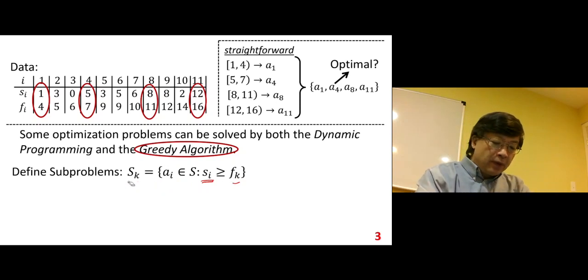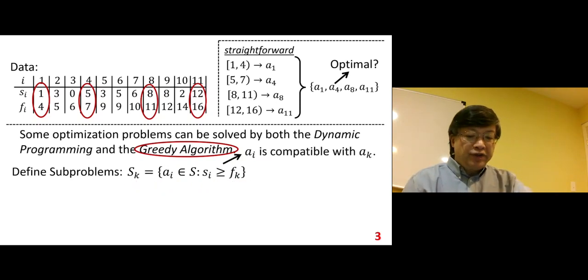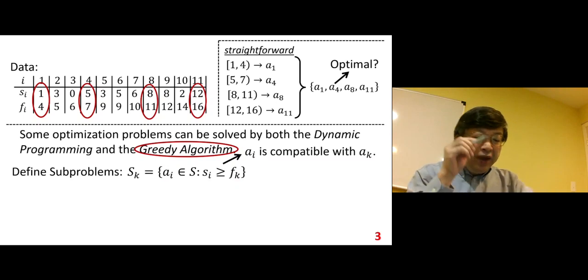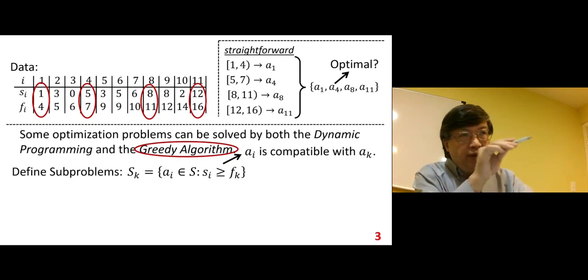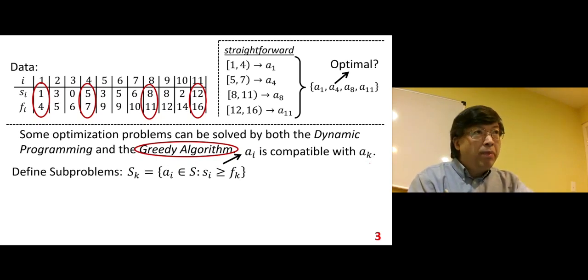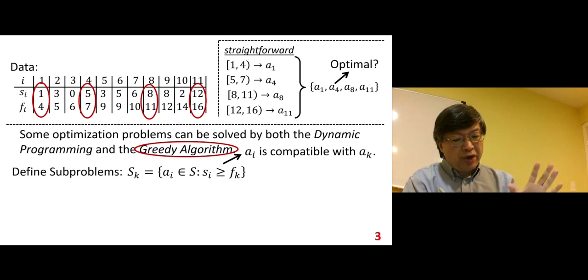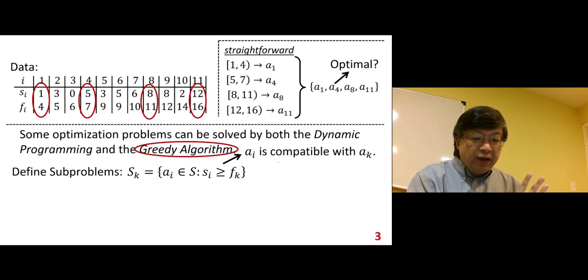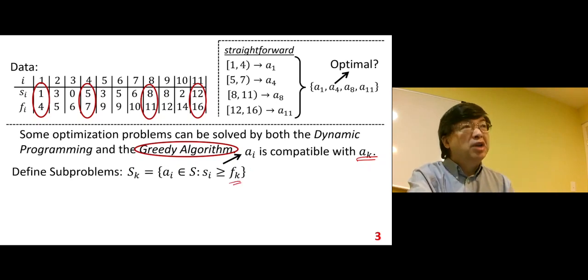Now, for this subset, we collect all the activities in the given set that are compatible. First, they must be compatible with Ak. Second, those activities must be after Fk.